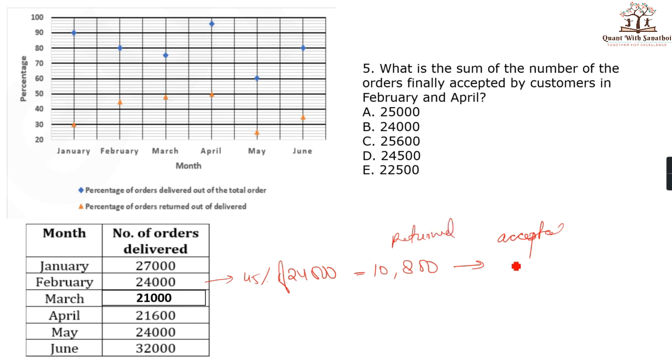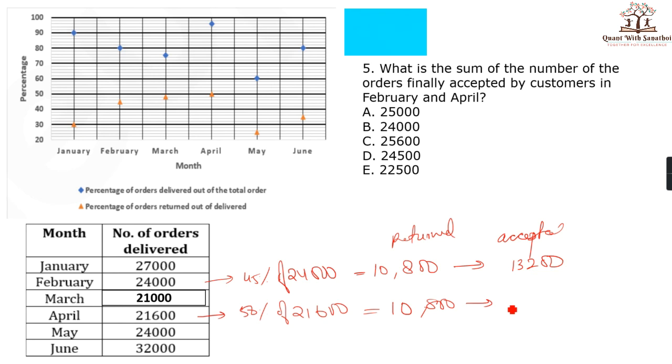Okay, so what is the answer? 24,000 minus 10,800 will be equal to 13,200. Similarly for April, triangle indicates 50%, therefore 50% of 21,600, which equals to 10,800. Same, therefore the accepted order will be 10,800 itself.